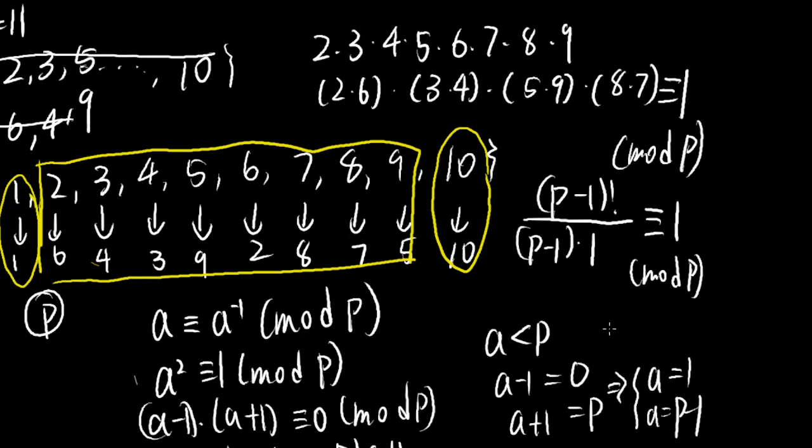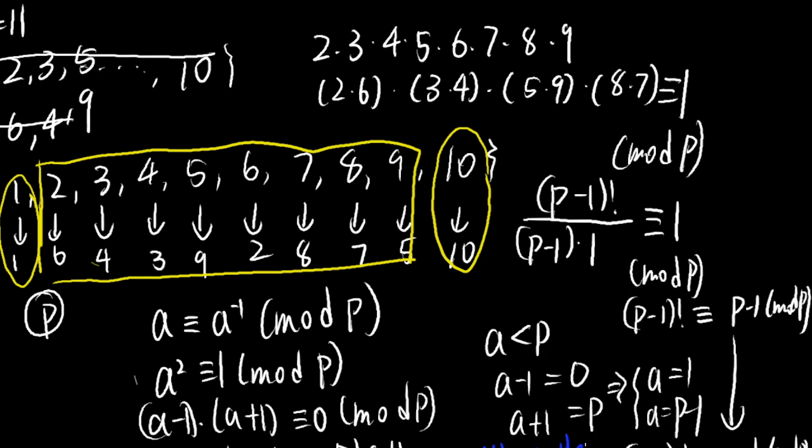So what is very nice is that since p and p minus 1 are co-prime, we can directly multiply by p minus 1 on both sides and we get this equation. And when we subtract p on the right hand side, we get this modular equation. And this is what Wilson's theorem talks about.